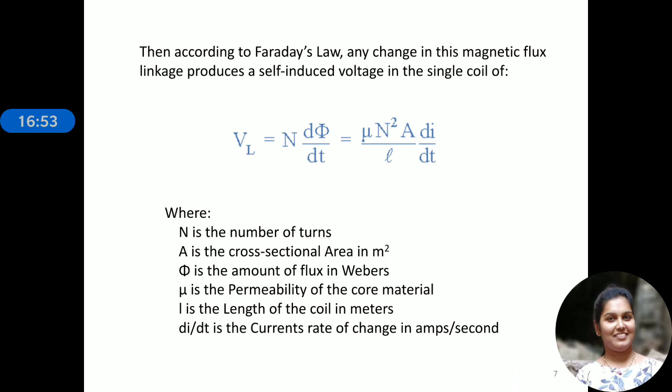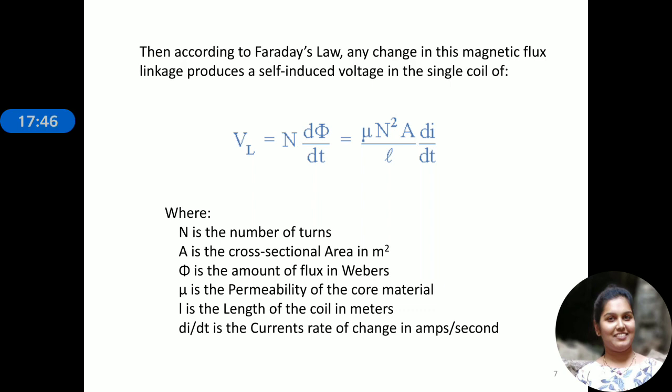So according to Faraday's law, any change in the magnetic flux linkage produces a self-induced voltage, and that voltage VL is given as N d phi by dt, and that can be written as mu N squared A by L into di by dt, where N is the number of turns here, A is the area of cross section and the units are meter squared, phi is the flux in Webers, mu is the permeability of the core material, L is the length of the coil, we'll indicate it in meters, and di by dt is the rate of change of current, and it will be indicated with the units amperes per second.